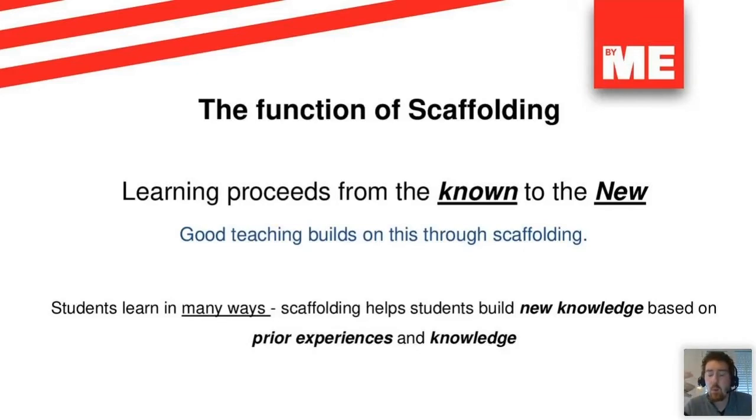Because when we have that knowledge, then we can organize the learning and the scaffolding and personalize it to the learning needs of the individual. Now, students learn in many ways, and this has been expressed by Howard Gardner in the theory of multiple intelligences. So if we understand and apply that, then scaffolding can help students build new knowledge based on their own prior experiences and their prior or assumed knowledge.